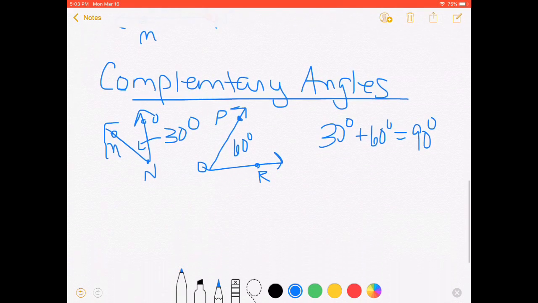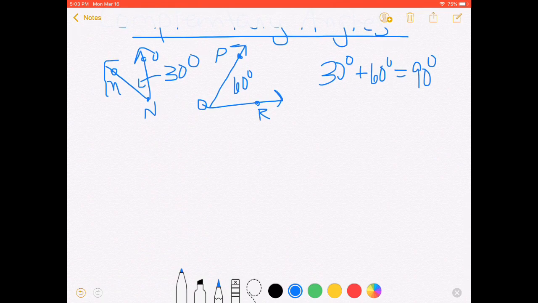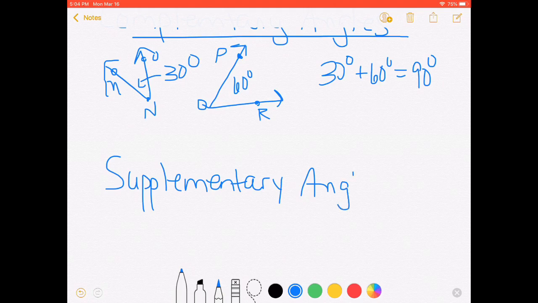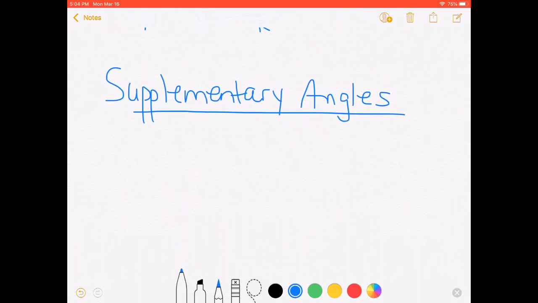We can also talk about another angle relationship, and that is supplementary angles. Supplementary angles are angles whose measures add up to 180 degrees. So again, if we had two angles, say we have this angle here, this is obtuse because it opens greater than 90. So this is angle DEF, and it has a measure of 120 degrees.